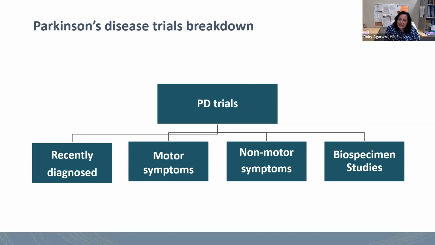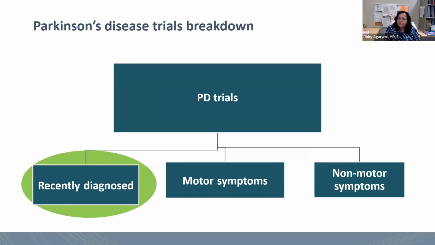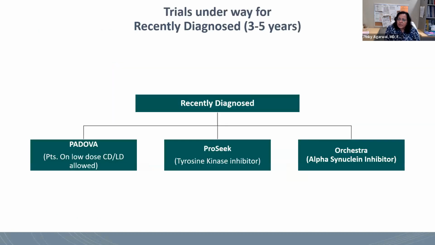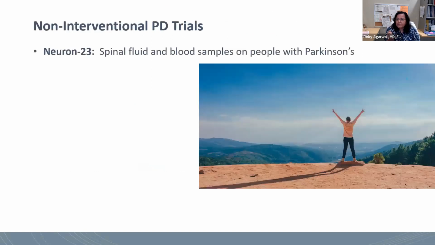Even if you were to just donate your biospecimens like blood or urine, it does help to contribute to the understanding of the condition. These are some of the recently diagnosed studies going on at our center, and probably somewhere closer to you in Arizona too.